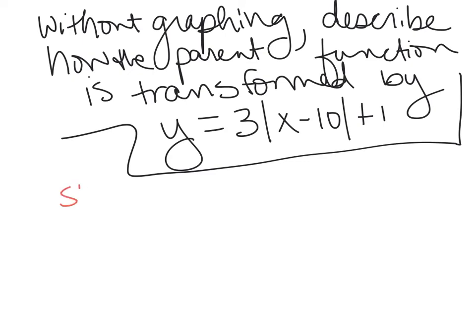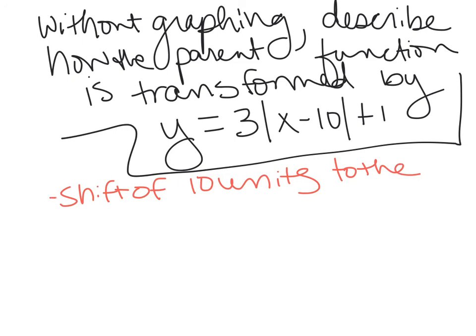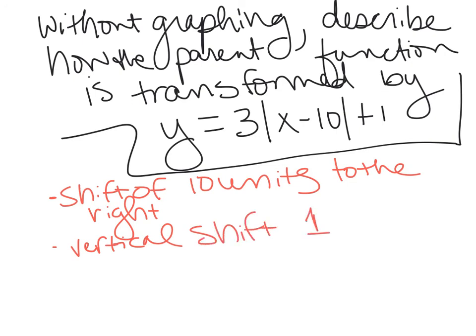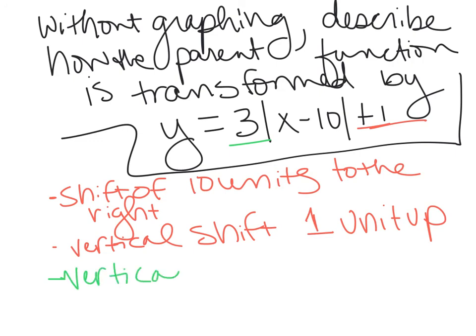It's going to be a shift of 10 units to the right, a vertical shift one unit up because of this, and a vertical stretch by a factor of 3.